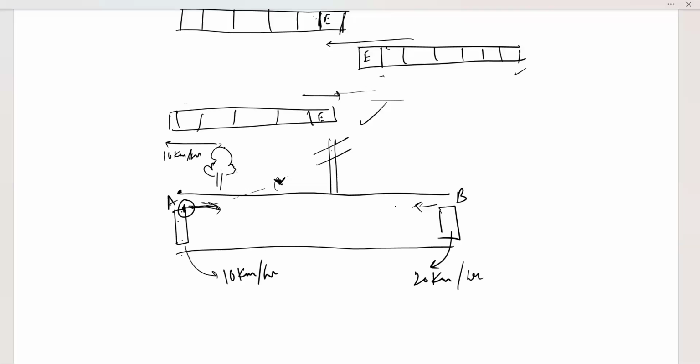Okay? And then a few meters ahead, the mosquito observes this electric pole. Now it is even surprised. What does the mosquito think? The mosquito says, even the electric pole is moving backwards at a speed of 10 kilometer per hour. What is A doing? He is still standing. Nothing is happening.